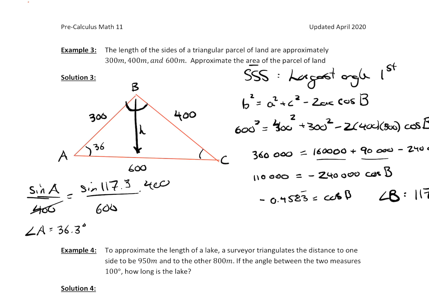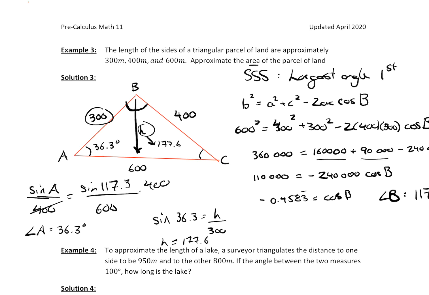So now you have an angle, you have a side, and you have height. So we can use good old-fashioned right angle trig. Sine of 36.3 is equal to h over 300. Multiply both sides by 300, and you get your height. Your height comes out at 177.6.